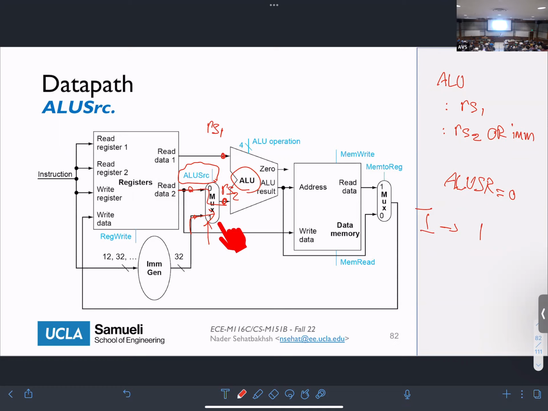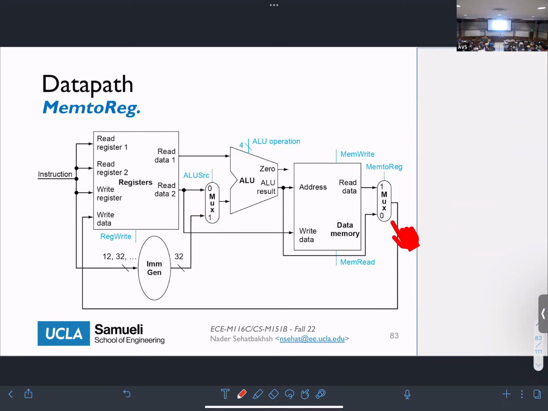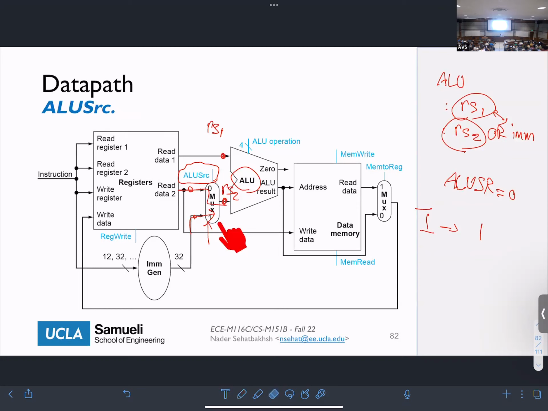Generally, if we need RS1 and RS2 for our operation, ALU source has to be 0, and if we need the immediate with RS1, then ALU source has to be 1. Okay? So adding these together, we now reach this point here, where we know the two inputs of our ALU.